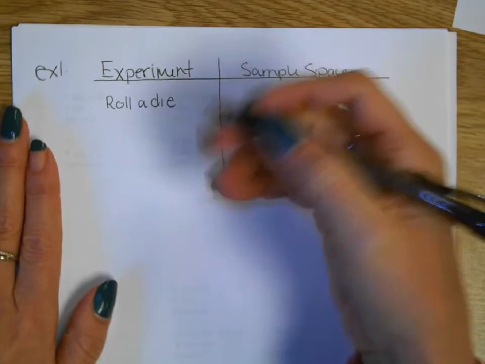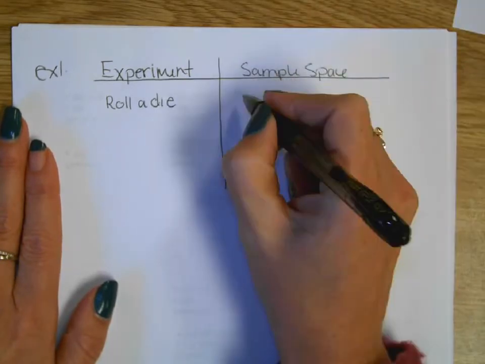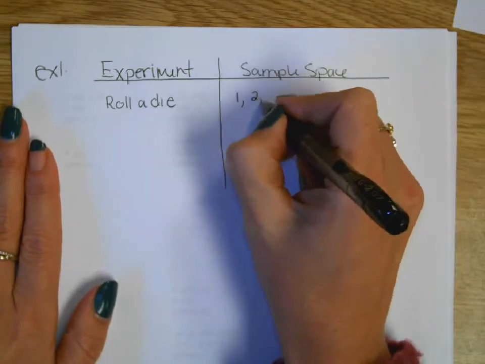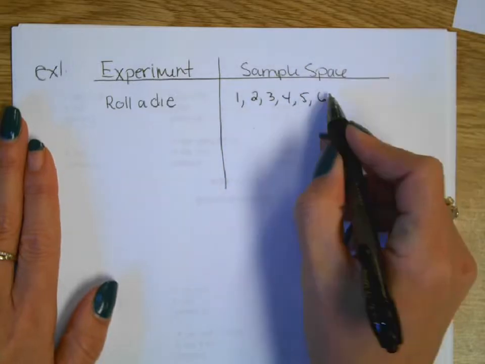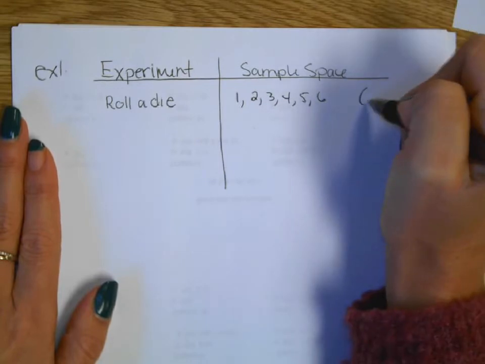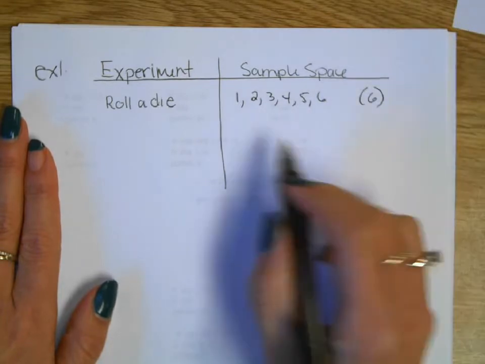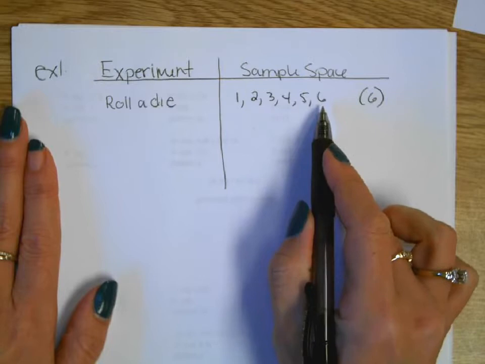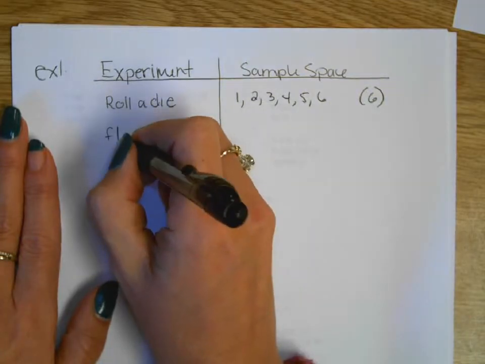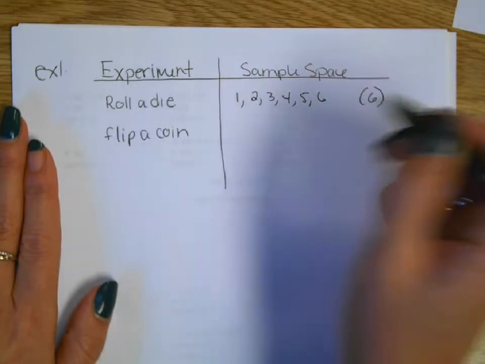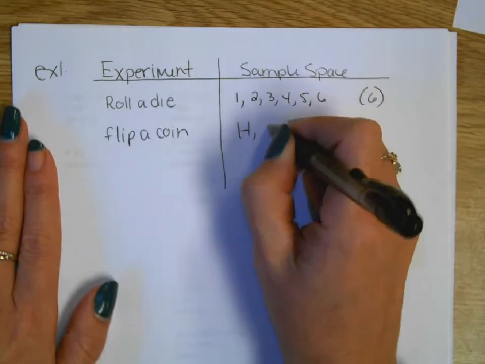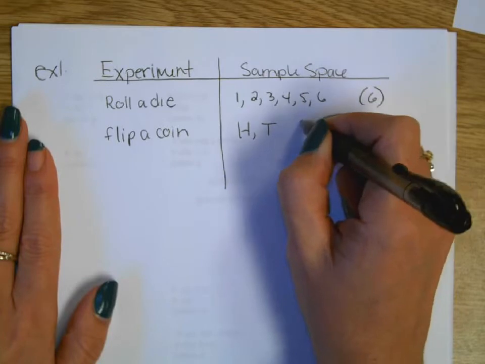Your sample space, what could possibly turn up when you roll a die, is 1 dot, 2 dots, 3 dots, 4 dots, 5 dots, or 6 dots. So there are 6 total outcomes in that sample space. Next, flipping a coin: heads or tails. So you have 2 outcomes in your sample space.